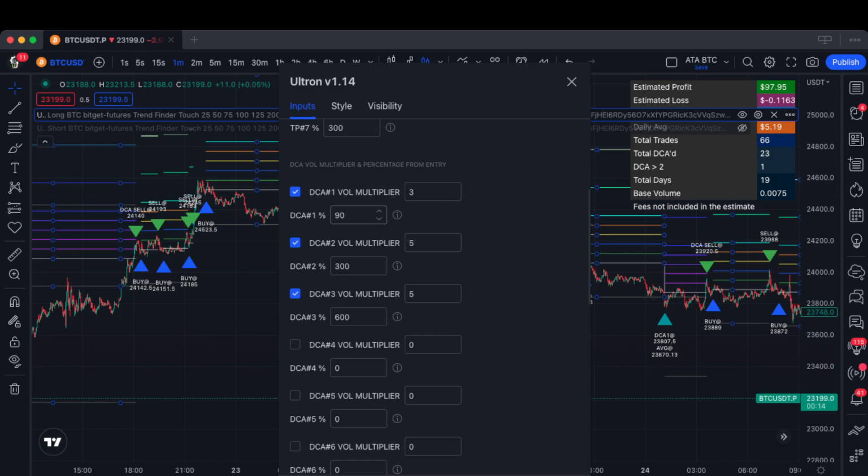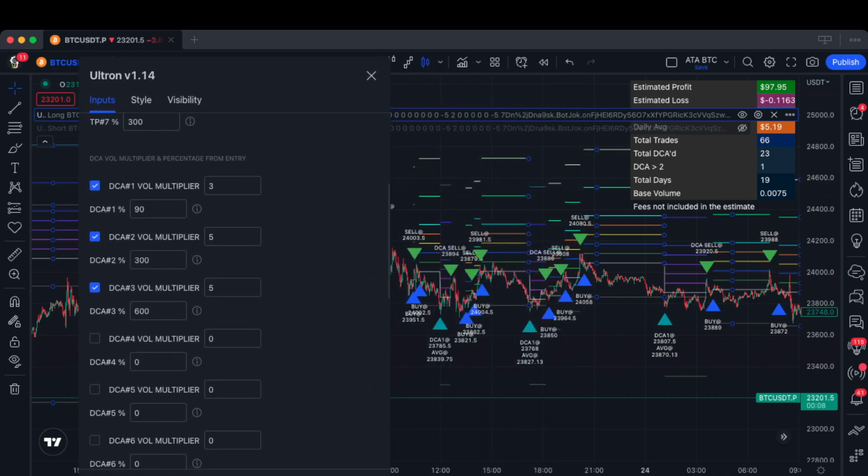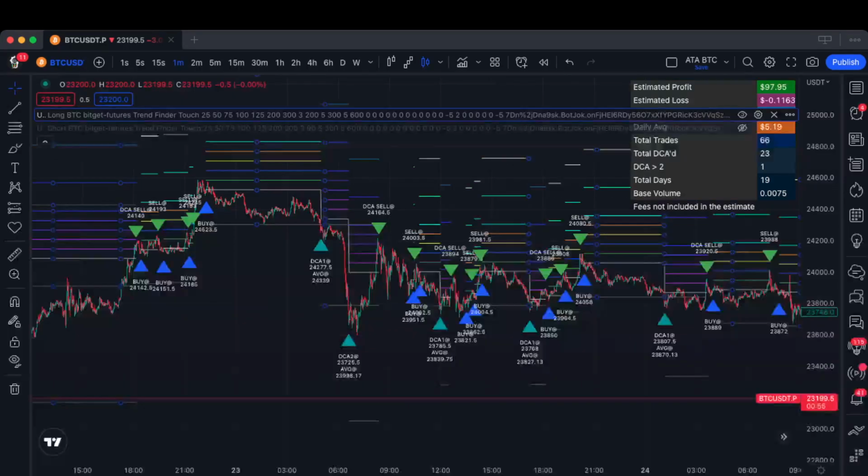These percentages, I know people sometimes get confused on these percentages. You just want to think of it as, the higher the percentage, the further away it's going to be, right? So if I were to set this at, say, 200, it's going to impact your overall profit on when that takes that profit.